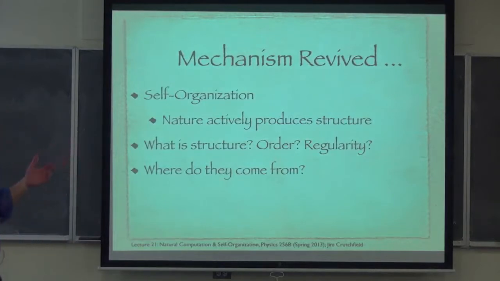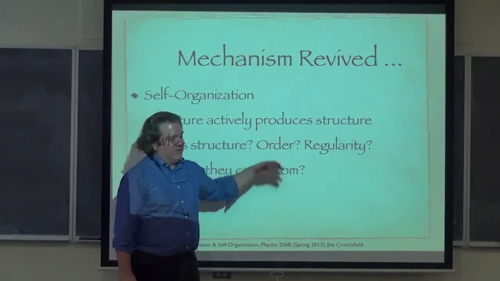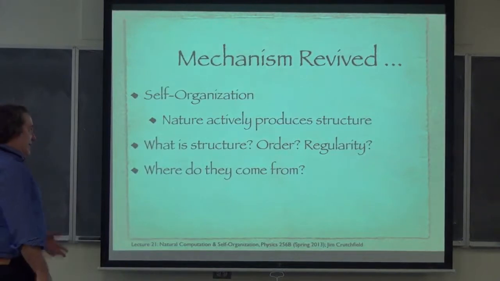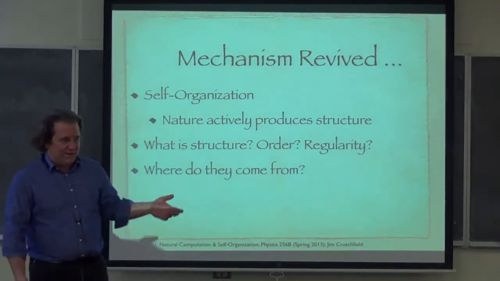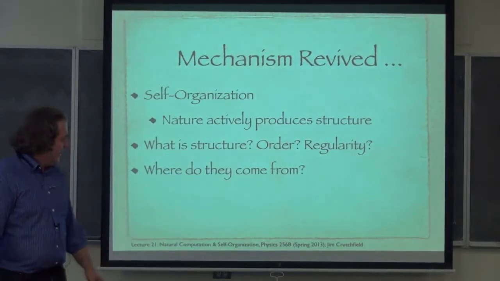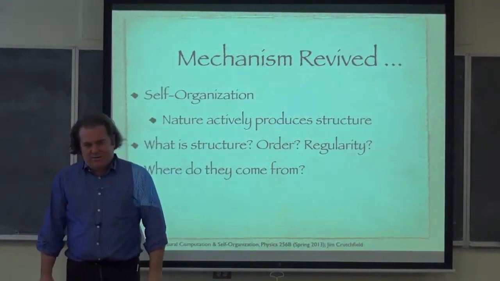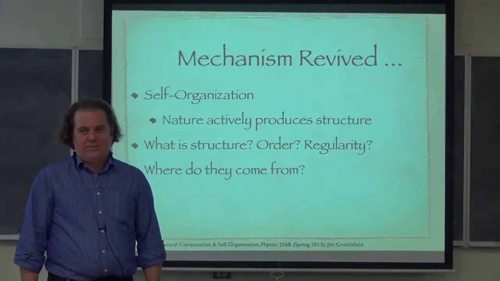So the flip side of the coin of nature spontaneously producing randomness is that it also orders itself. So how does this happen? And this, in turn, brings up this question of what do we mean by something being structured or ordered? And I would say these questions are much less well appreciated in terms of physical theory.